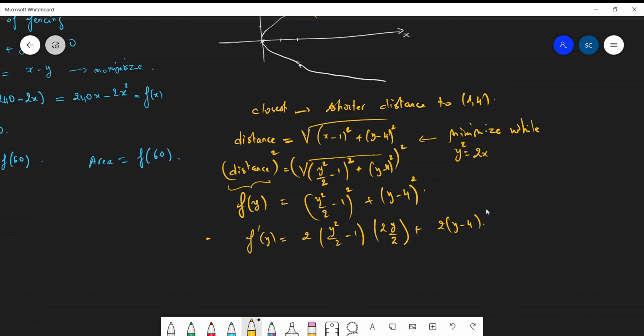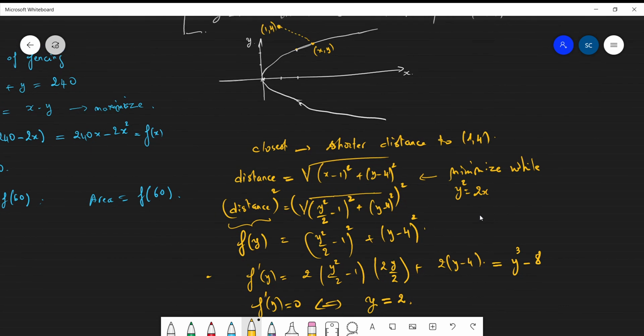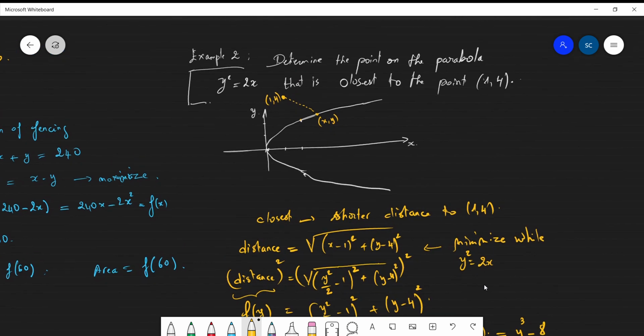If you compute everything and simplify, you get exactly y3 minus 8, which gives f prime of y equals 0 if and only if y equal 2. Finally, the point we are looking for is 2, 2. The point 2, 2 is the solution to the problem.